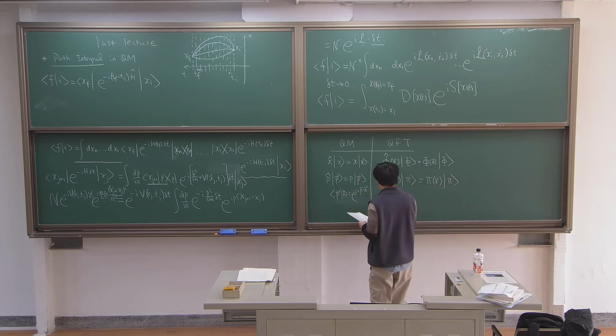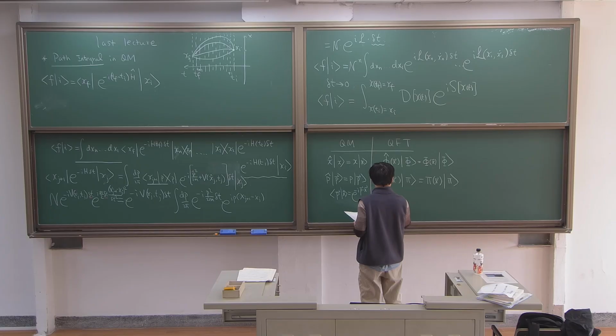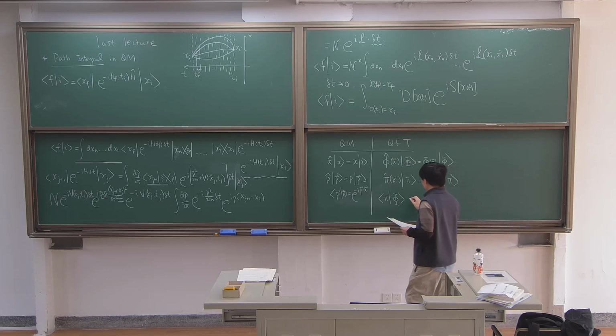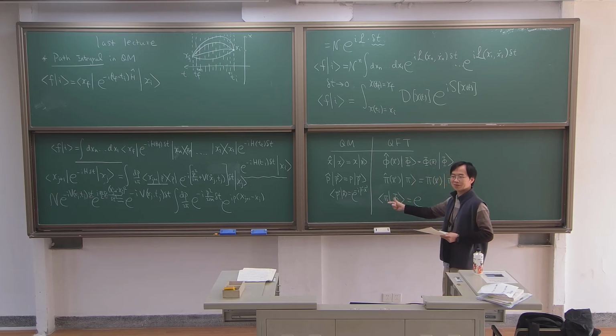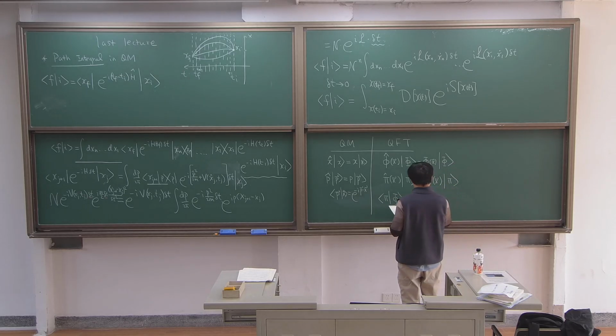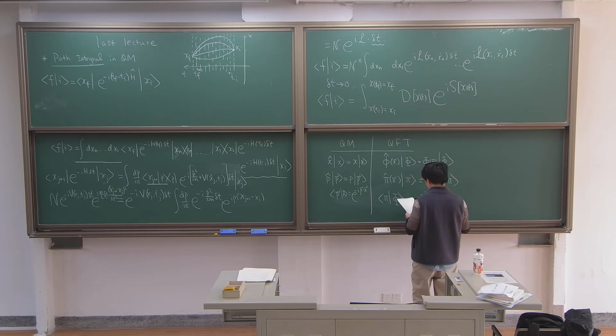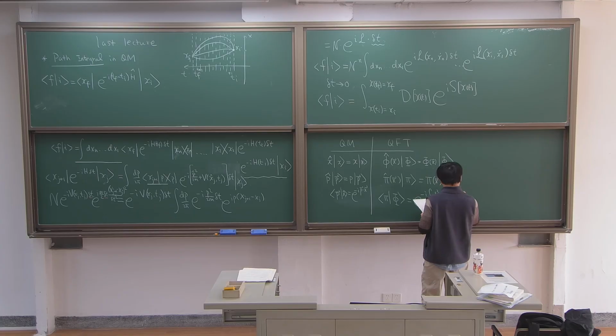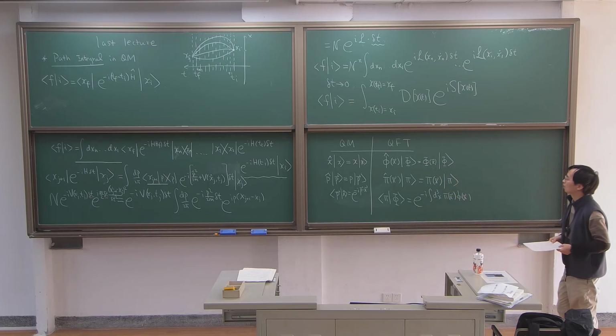So what is that? It should be the pi overlap with the phi. Then, because these are conjugate variables in field theory, what you get is e to the minus i integral. These are functions, so you have to put the integral in order to get some number.